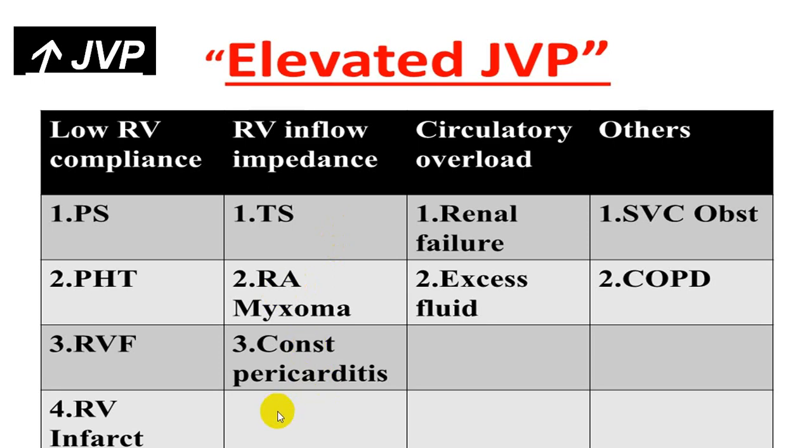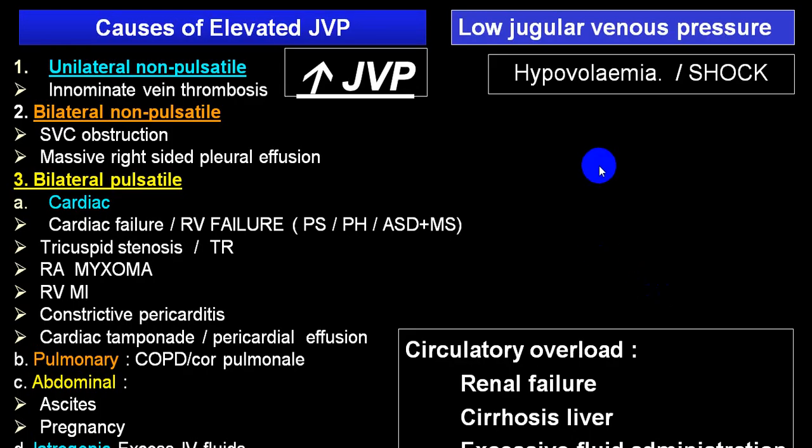Also you can mention ASD, volume overload, renal failure, IV fluid overload, and an odd condition, superior vena cava obstruction, and cor pulmonale, COPD with cor pulmonale. Now, as far as reduced JVP, only one condition, hypovolemic shock.